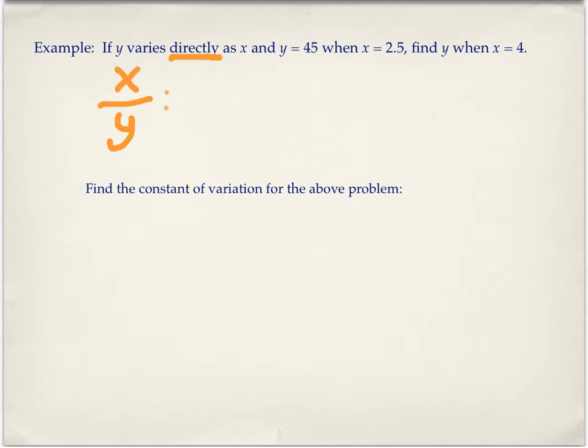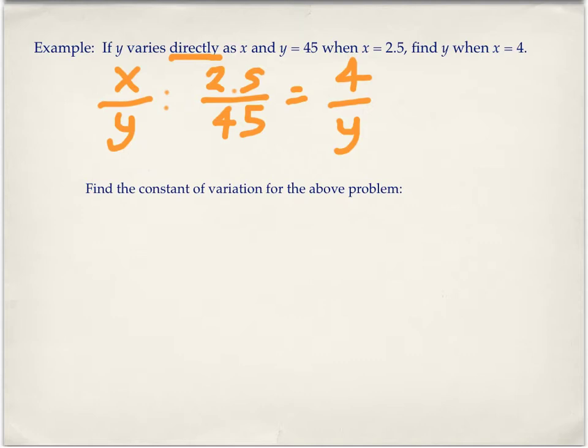Let's look at the two variables that they give us. They say that x is 2.5 when y is 45, and we're trying to find y when x is 4. So we can set up the proportion like that. As we might guess, my x's are getting bigger, so we'd expect our y's to get bigger as well.